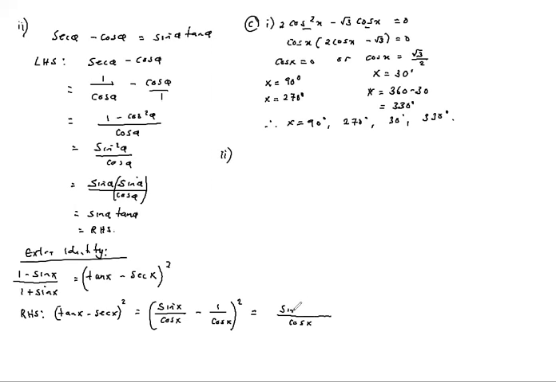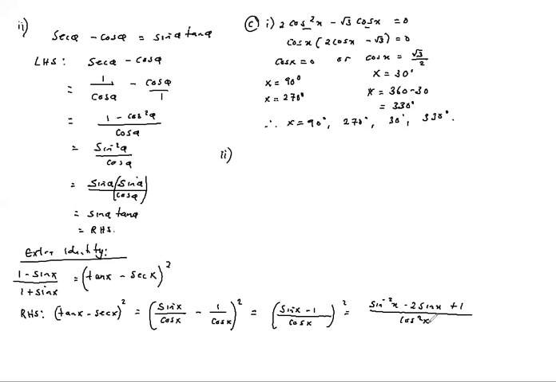So we have sin x minus 1, squared, over cos squared x.